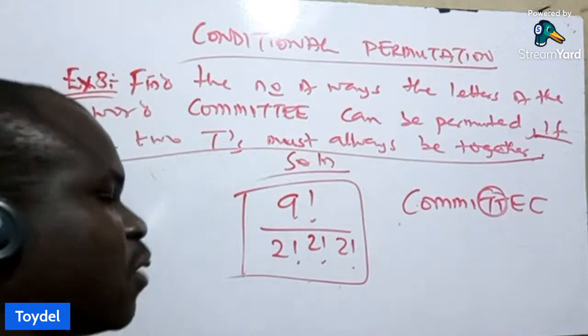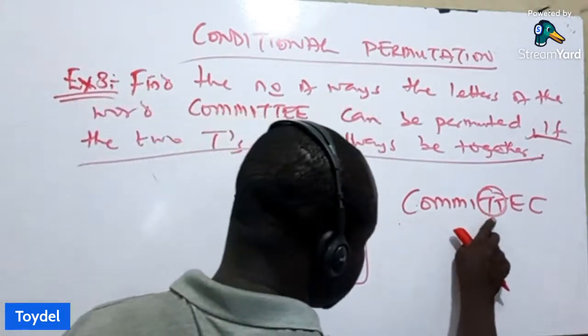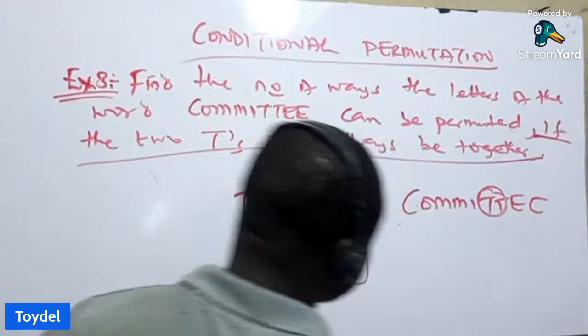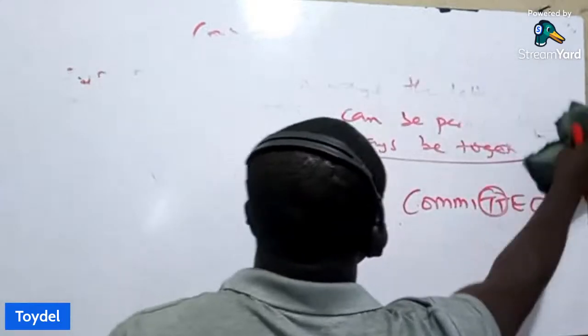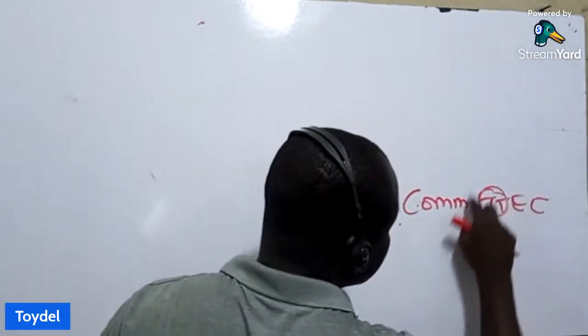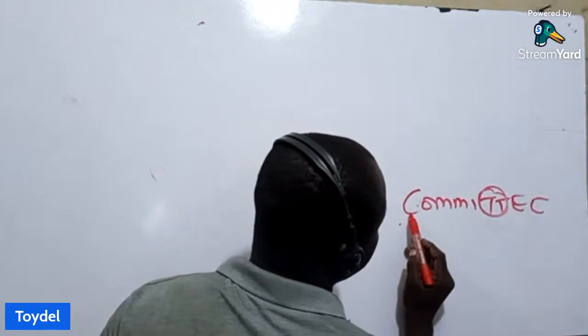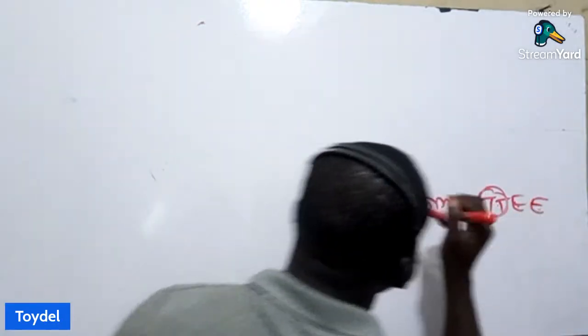We don't know if you have T1 or T2. But the condition placed on this question is that these 2 T's must be together irrespective of the arrangement that we want to do. Then what do we do? We are going to view these 2 T's as one. Then at the end of the day, we are going to have 1, 2, 3, 4, 5, 6, 7, 8.